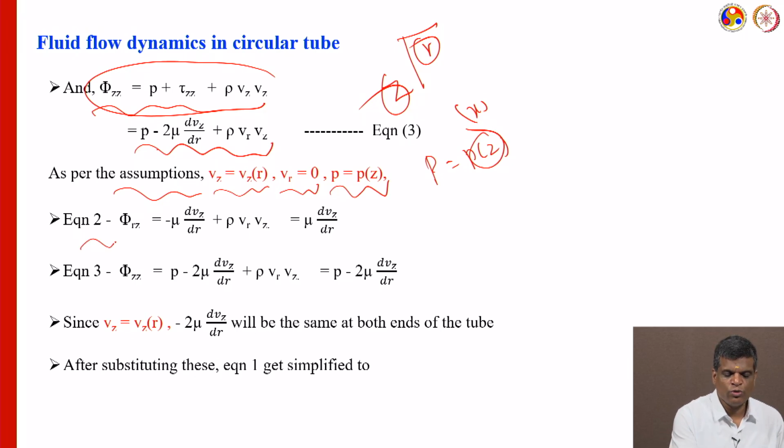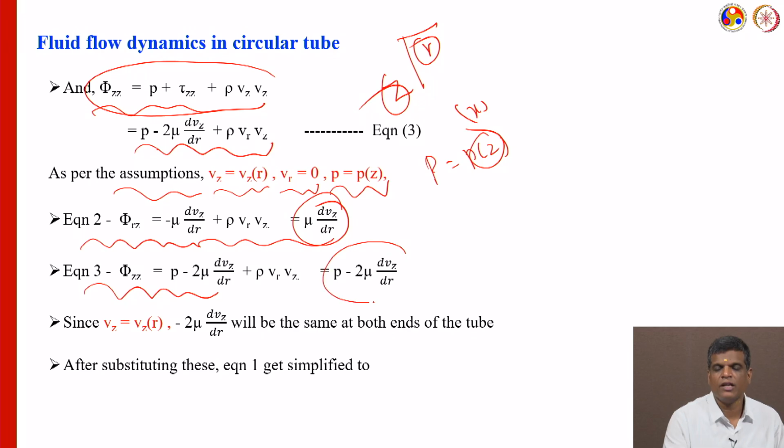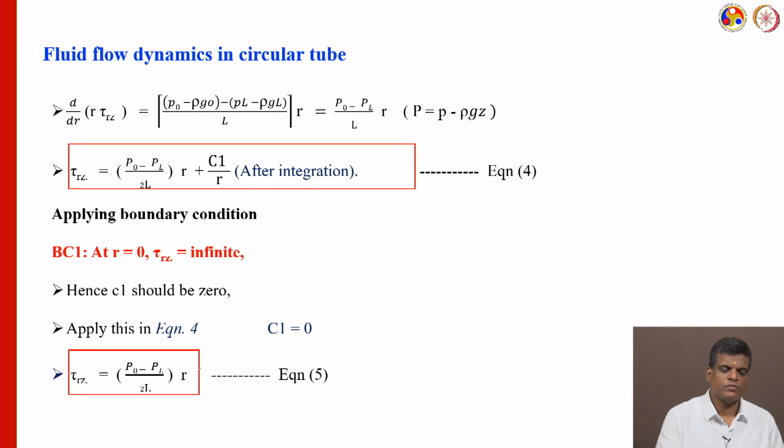Same way for equation 2, you take that one and after modification we get the mu of this one. Again equation 3 also the same way, we get p minus 2 mu dvz by dr. So of course we know vz equal to vz of r. After substituting, then we will get a simplified form.